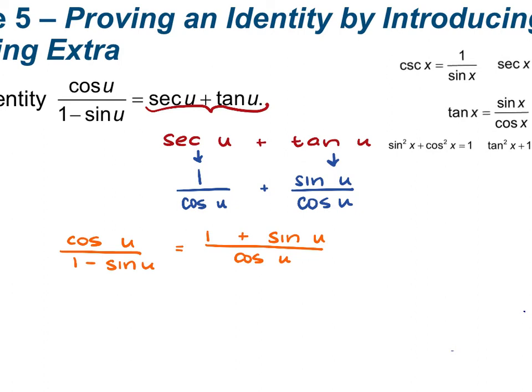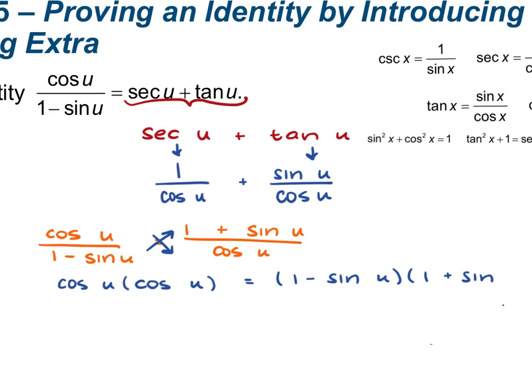I don't like working with fractions. So if I don't want to work with fractions, I'm going to cross multiply and work with specific terms that are not involved with fractions. So if I multiply the cosine u times cosine u, and I'm going to multiply 1 minus sine u times 1 plus sine u.